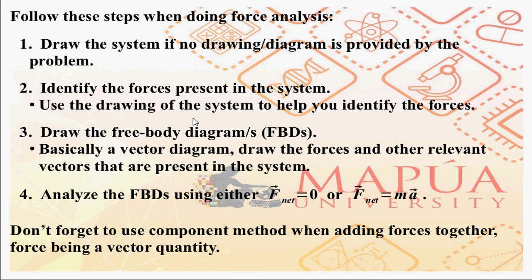And then, using the drawing of the system, draw the free body diagrams, FBD. Each object in the system will have its own free body diagram. And then analyze the free body diagram using either Fnet equals 0 or Fnet equals ma. And don't forget to use your component method because force is a vector quantity.